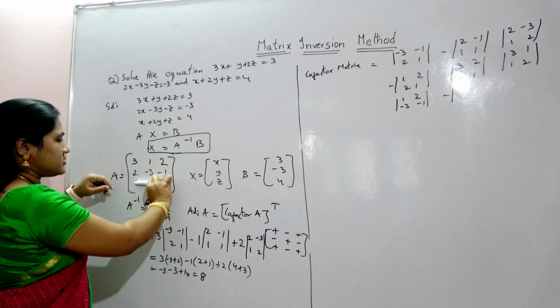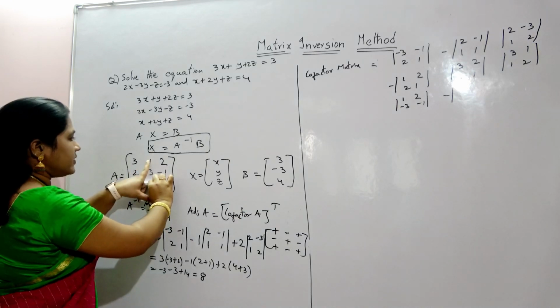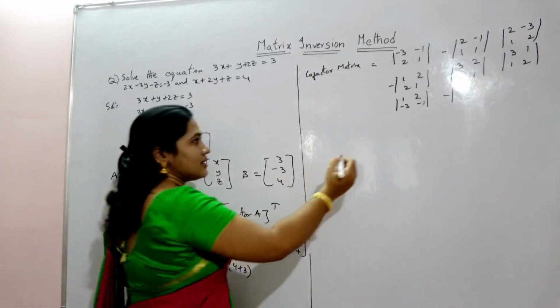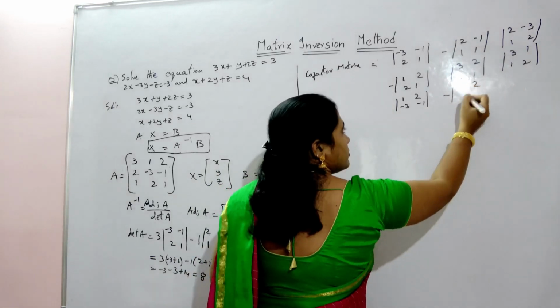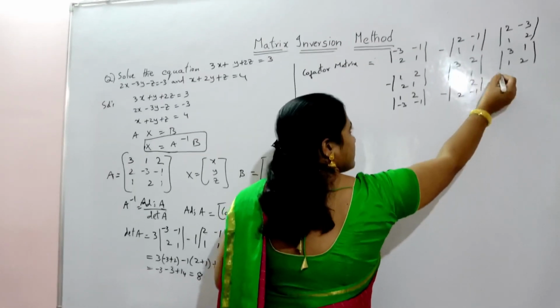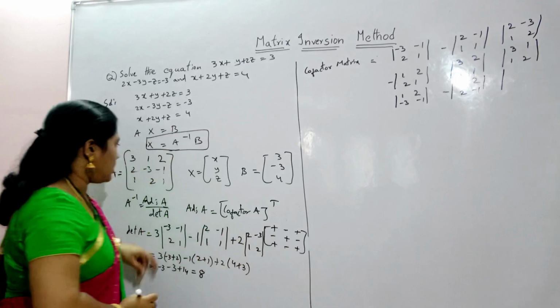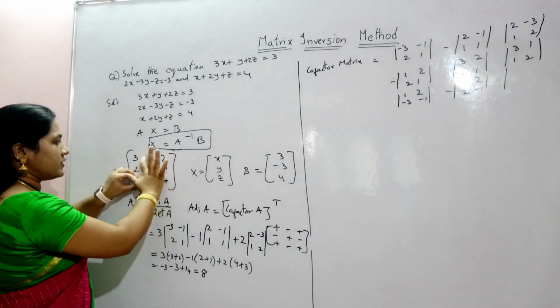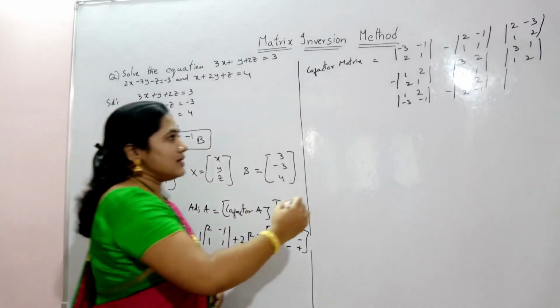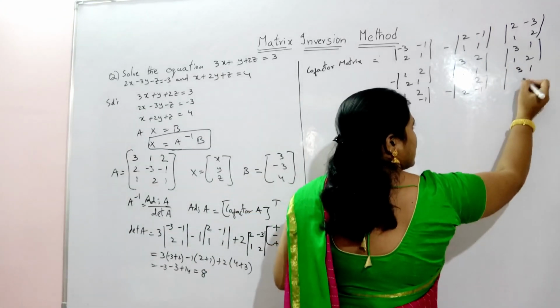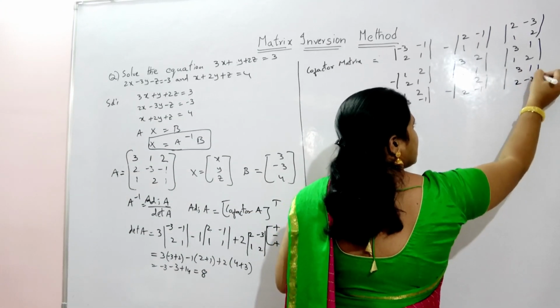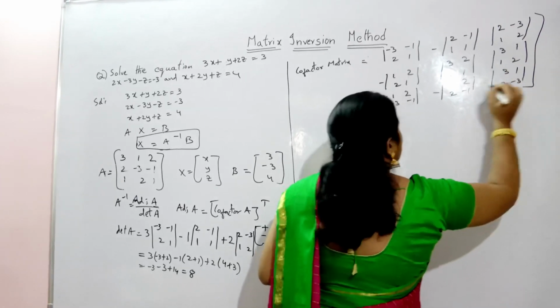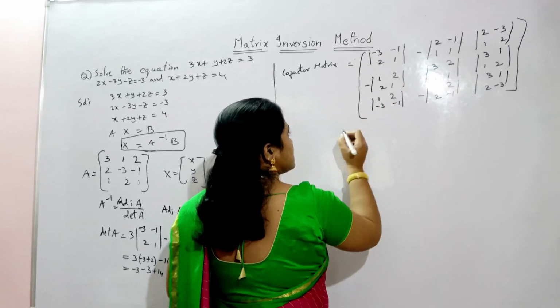Just close this row and this column: 3, 2, 2, -1. And for the last 1, just close this row and this column: 3, 1, 2, -3. So this is the cofactor matrix.